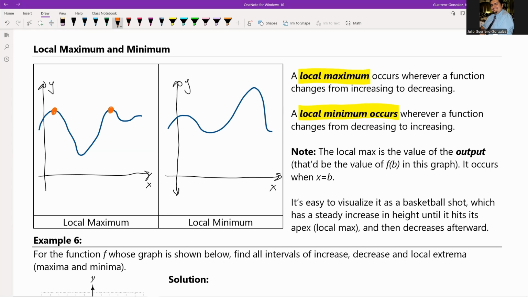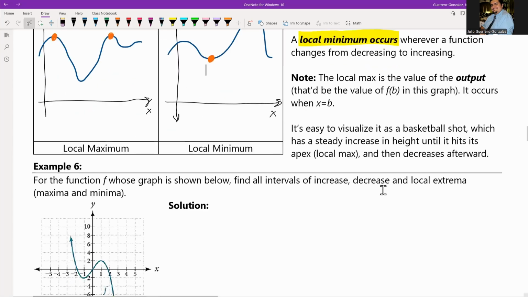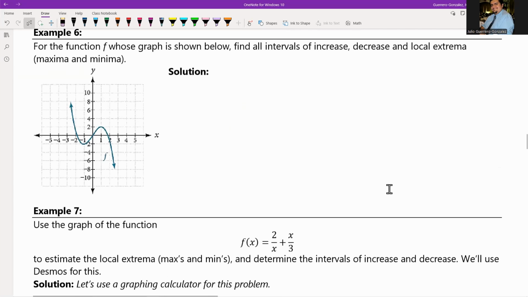And same thing for local minimums. This point right here, before the point, it is decreasing, and then after that point, it is increasing. That's why we have a local minimum there, okay? So they tend to be real easy to pick out, okay?